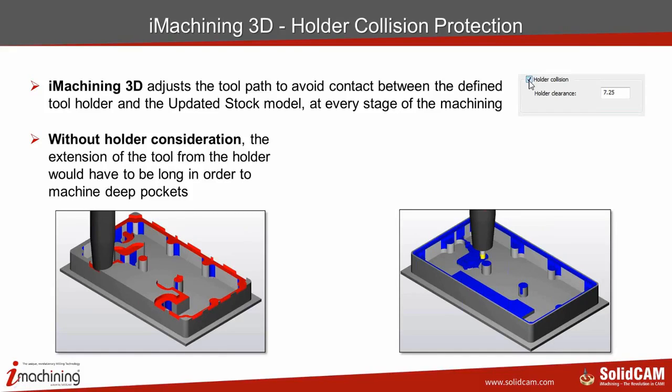So with iMachining 2D, even though it saves you a lot of cycle time, still the technology is your responsibility. While iMachining 3D automatically changes the tool path to take into account the holder. So it gives you holder collision protection.